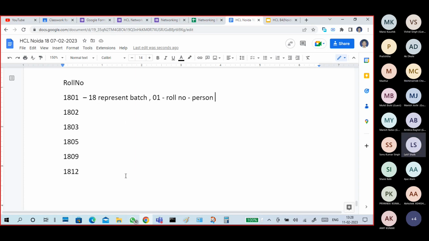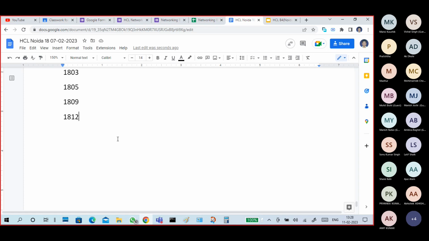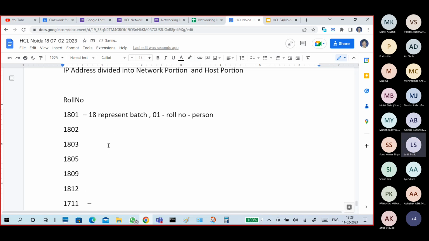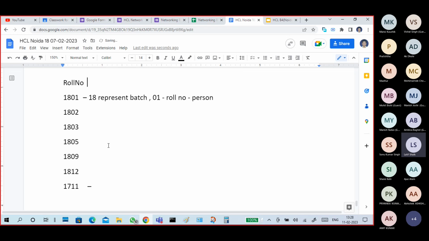Same goes for this one. Suddenly, another person joins. In between, a new person joins. For example, batch 17. I am not handling that one, but this person joined.